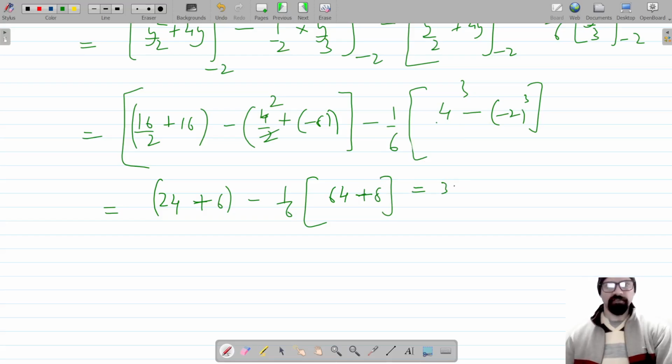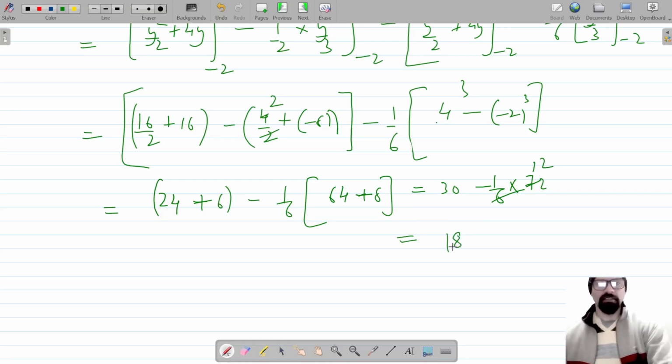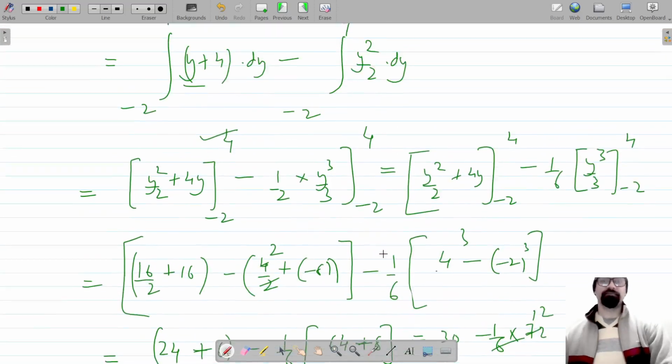So 24 plus 6 is 30, minus 1 by 6 into 64 plus 8, which is 72. This is 12, which gives me 30 minus 12, which is 18. So 18 square units is the required area.